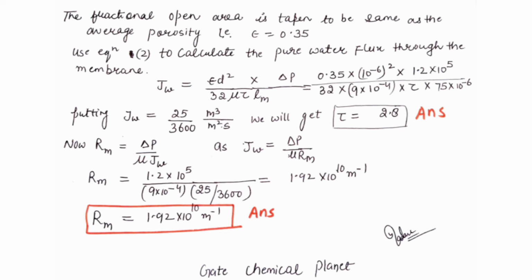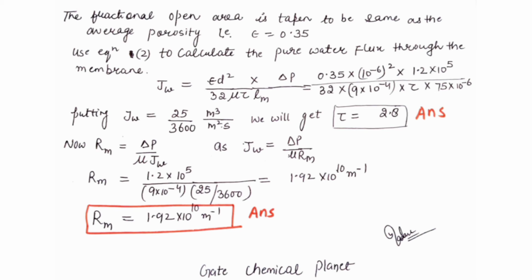Now we will come to the other calculations. One important thing to note here is that the fractional open area is taken to be the same as the average porosity, and the average porosity is given already, epsilon equals 0.35. So now, by using equation 2 to calculate the pure water flux through the membrane, we can write JW equals epsilon D square into delta P divided by 32 mu tau Lm.